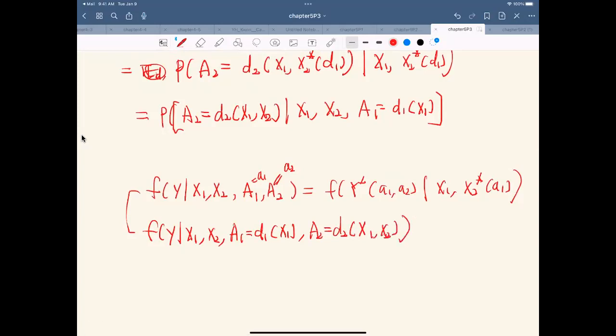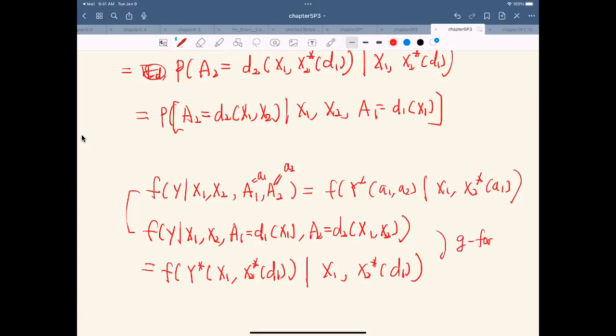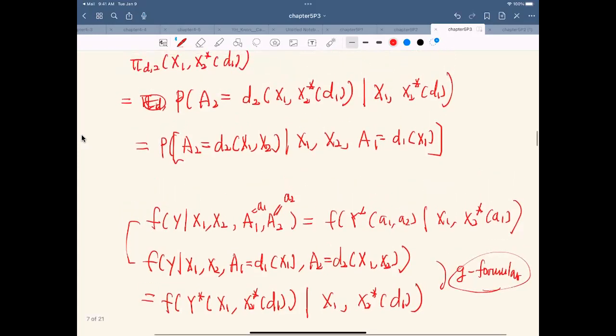If you write this way, this is purely a function of the observed data, while you can write Y star, the potential outcome, in terms of X1, X2 star D1. These two are equal. That is basically the G formula.